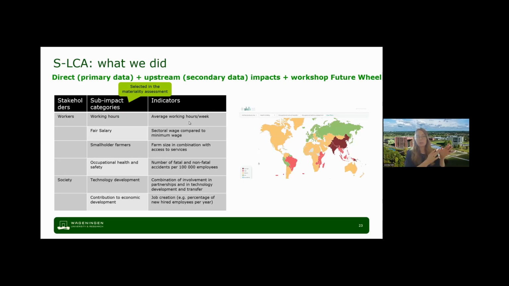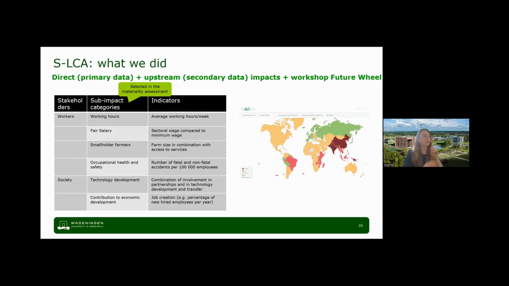So for these, we went on and collected primary data on indicators like these. So you really have to target the primary data because it's quite time consuming.